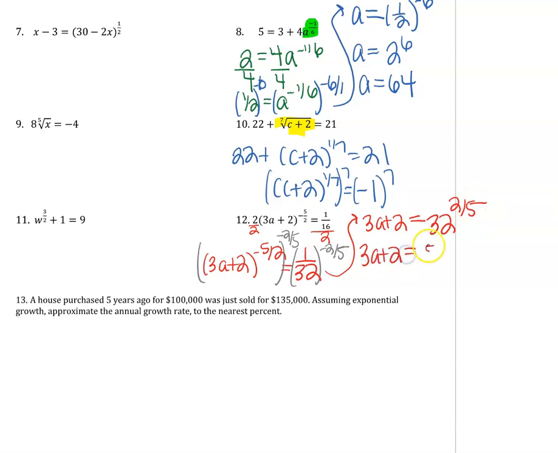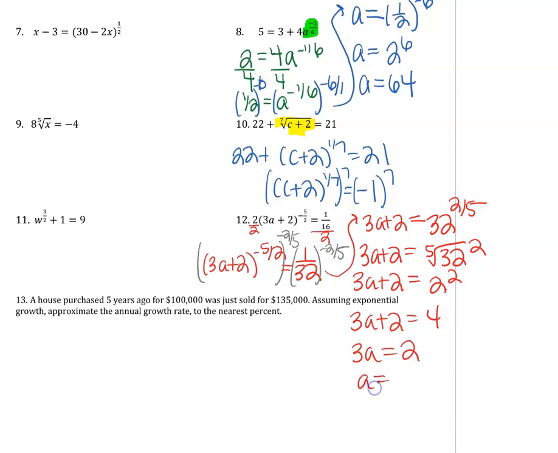which is the same thing as the 5th root of 32 squared. Now I know the 5th root of 32 is 2, and 2 squared is 4, so 3a equals 2, so a equals 2/3. Now let's see, does that make sense?